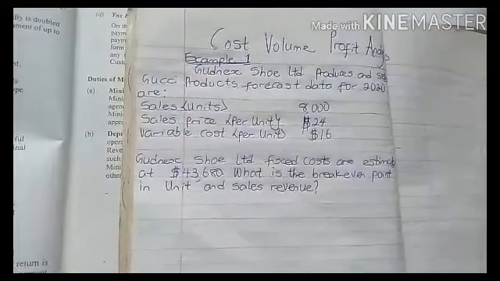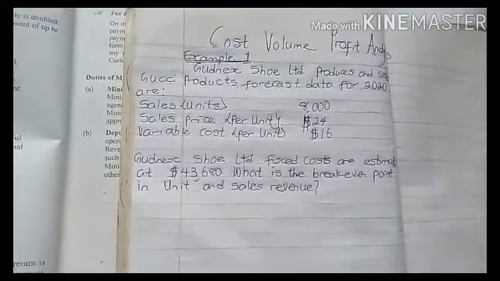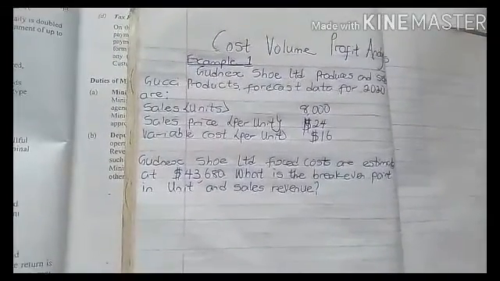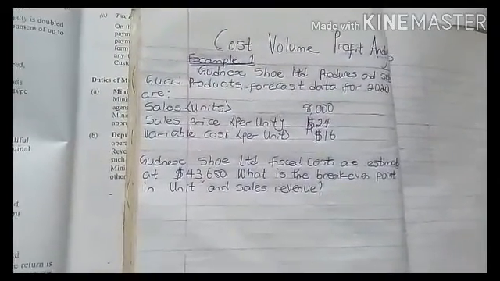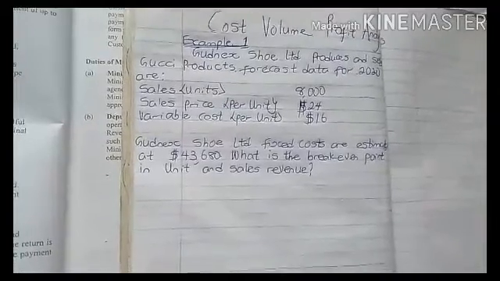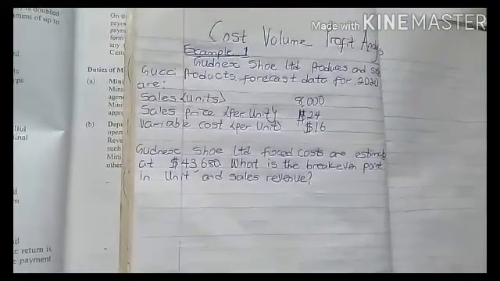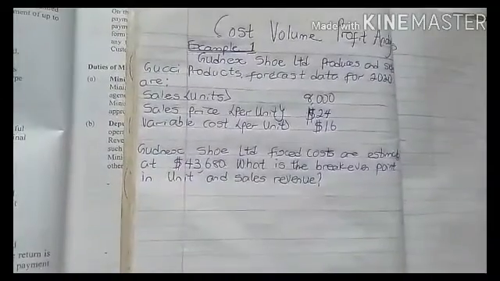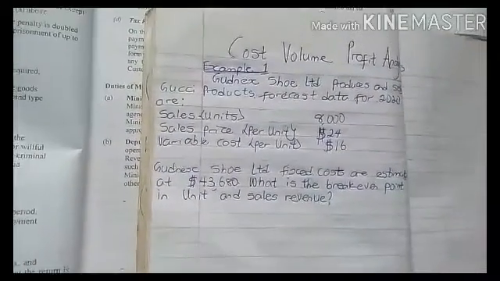What is the break-even point in units and sales revenue? We are being asked what will be our BEP in units and sales revenue. And do not forget, to get our BEP in units, it is fixed cost divided by contribution. So we have to take it one after the other.